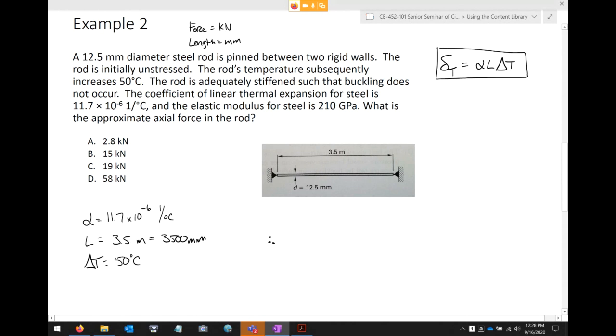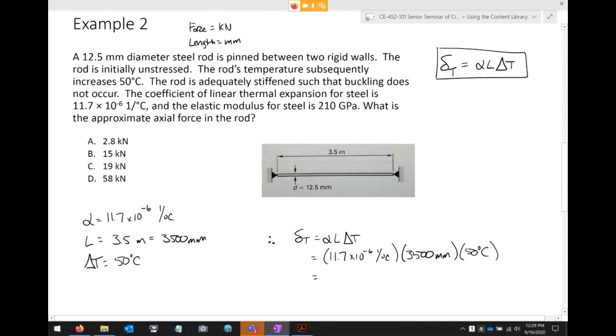So delta T is alpha L delta T, which is 11.7 times 10 to the minus 6, 1 per degree Celsius, 3,500 millimeters, and then 50 degrees Celsius.